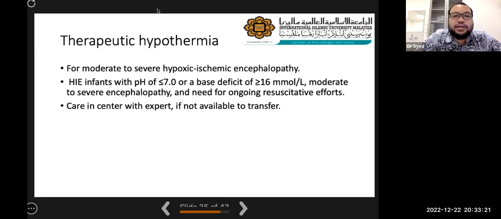So the criteria for HIE, like how we diagnose it, pH of less than 7.0 or base deficit of more than 16 with moderate to severe encephalopathy, needing ongoing resuscitation effort, like needing to ventilate and so on. Ideally, therapeutic cooling should be done in a center with neonatologists. If not available, should be transferred out.